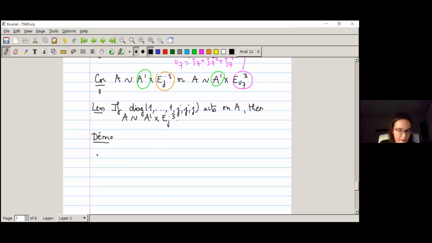And the proof of that is very easy. Sorry, no, not so easy, but the first part is very simple. The first part is to say that A prime will be what? If we call this guy small j, A prime will just be the kernel of J minus identity.